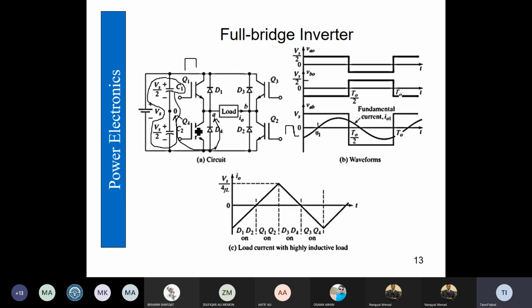Whereas Q3 and Q4, they are switched together. So after T by 2, they are switched together. So for the first T by 2, there is zero signal given to Q3 and Q4.